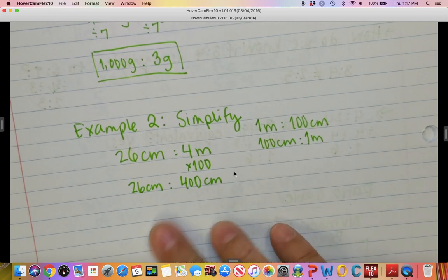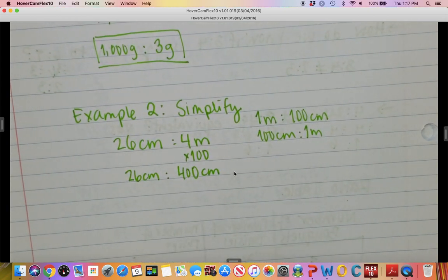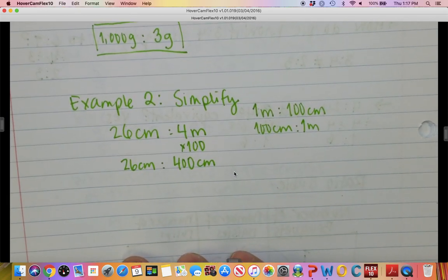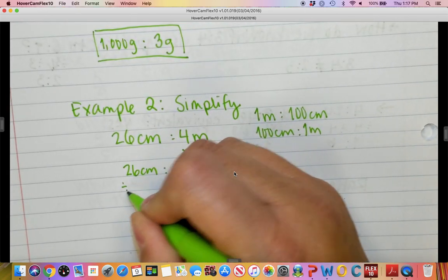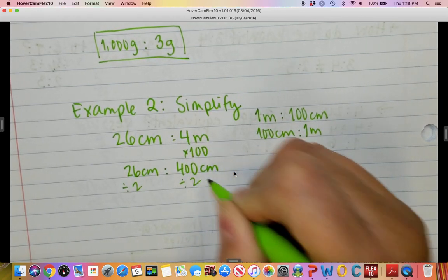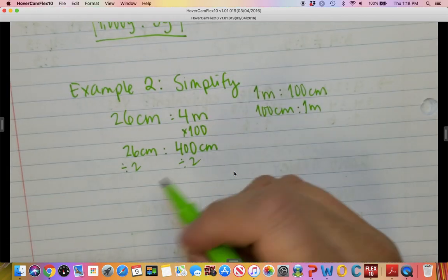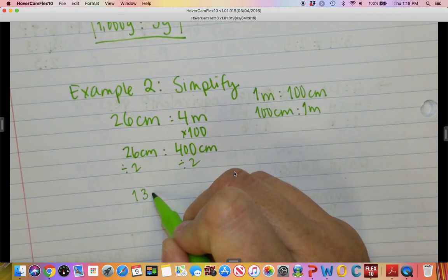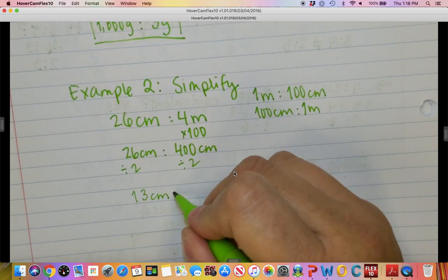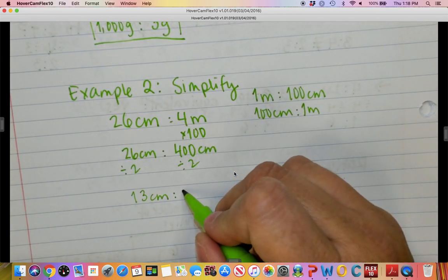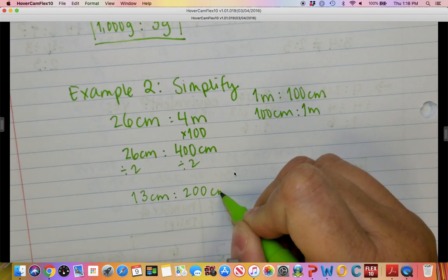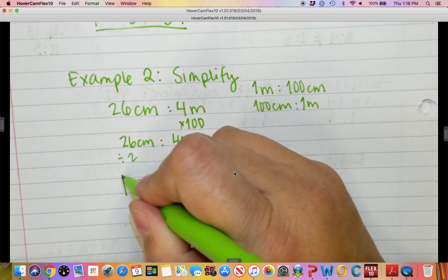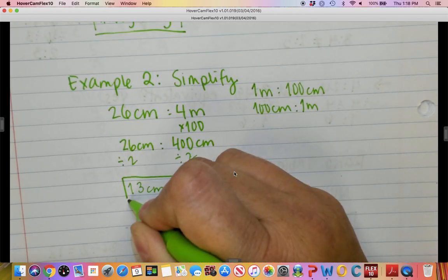And now that they're both in centimeter form, I can simplify. 26 and 400 are both even, so I'm going to start by dividing them both by 2. 26, 2 goes into 2 once, 2 goes into 6 3 times. 13 centimeters. 2 goes into 400 2 times. 13 is prime, so I can't go any further. This is simplest form.